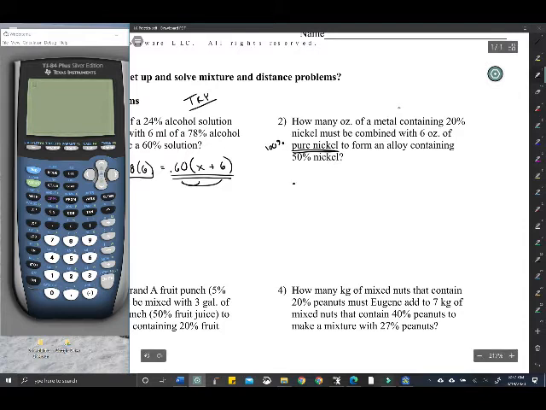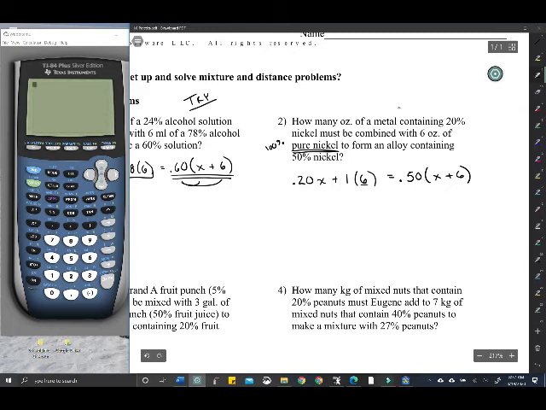So 0.20 of some metal plus 1 times 6 ounces is equal to 50%, 0.50 times our new quantity plus the 6 ounces.